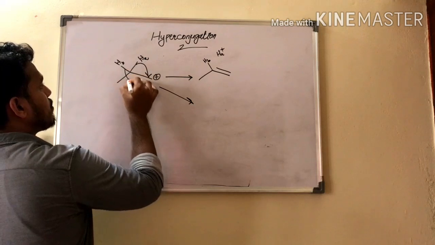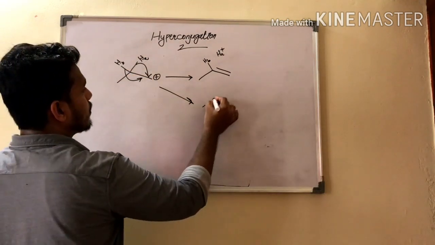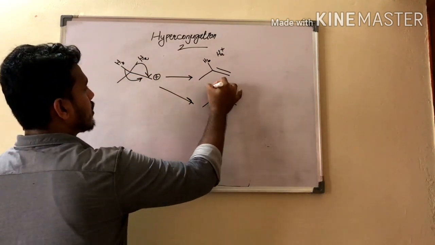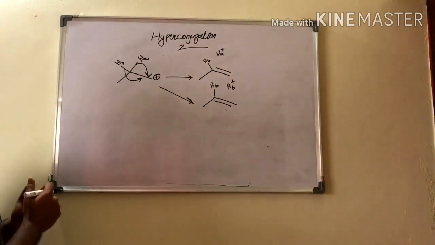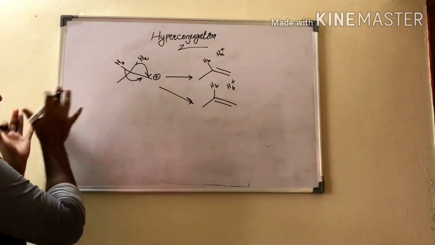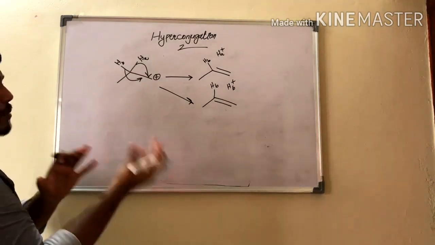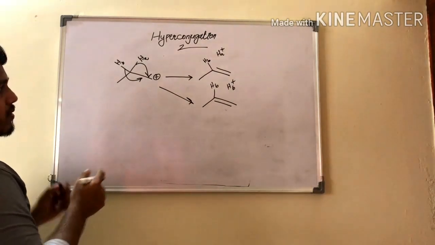Suppose this HA moves, it will give HB plus. So you can have two hyperconjugative interactions. The number of alpha hydrogens gives you the number of hyperconjugative interactions.